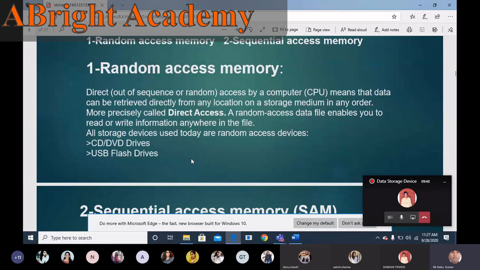A random access data file enables you to read or write information anywhere in the file. All storage devices used today are random access devices, for example CD, DVD drives or USB flash drives.